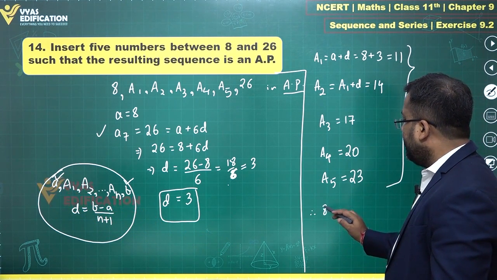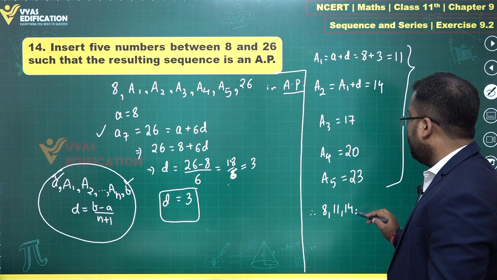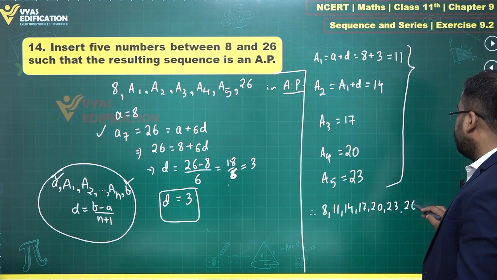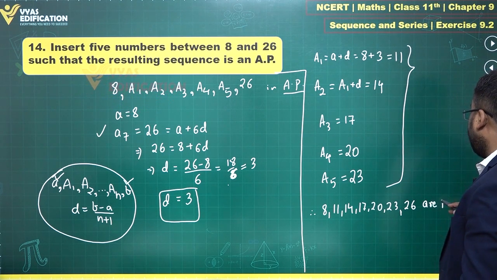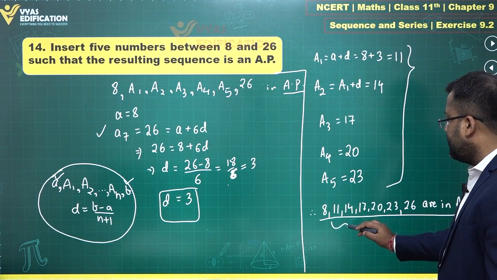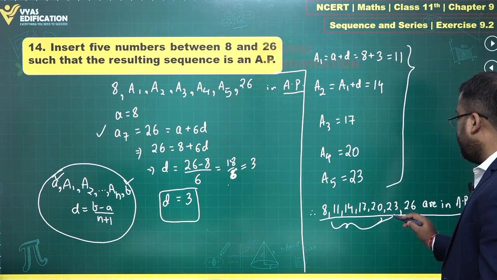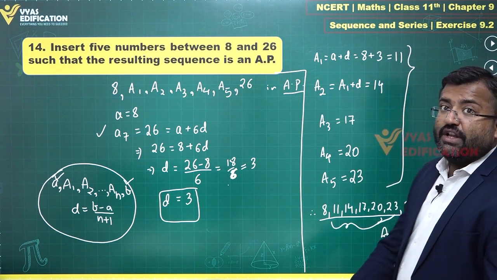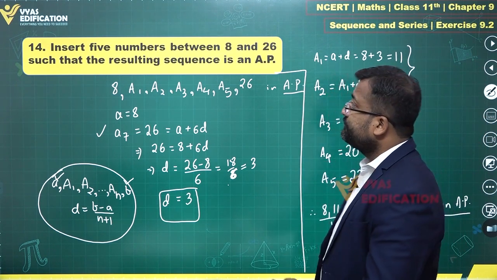Yes, therefore 8, 11, 14, 17, 20, 23, 26 are in AP. Now this is easy, right? So the 5 numbers are these, up till 23. That's my correct answer for this question, 14th, as you can see over here.